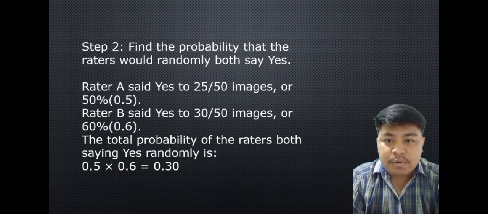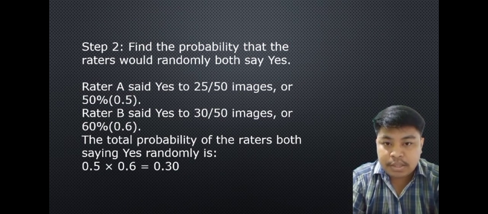The next step is to find the probability that the raters would randomly both say yes. Rater A said yes to 25 over 50 images, or 0.5 or 50%. Rater B said yes to 30 over 50 images, or 0.6 or 60%. So the total probability of the raters both saying yes randomly is 0.5 times 0.6, which is equal to 0.30.